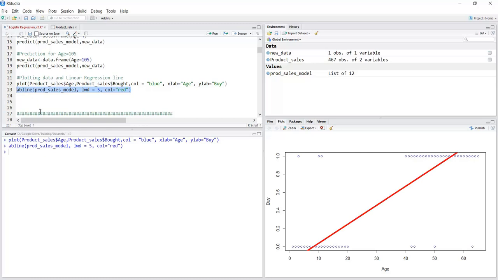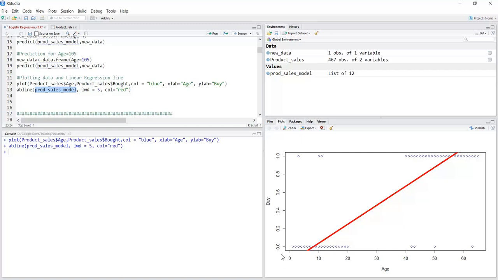Look at this regression model carefully. The regression line that we just fit above the product sales model is this. Don't you think this is wrong? Why is this wrong? Because it is not a good fit for this data. We are trying to fit a straight line for non-linear data.